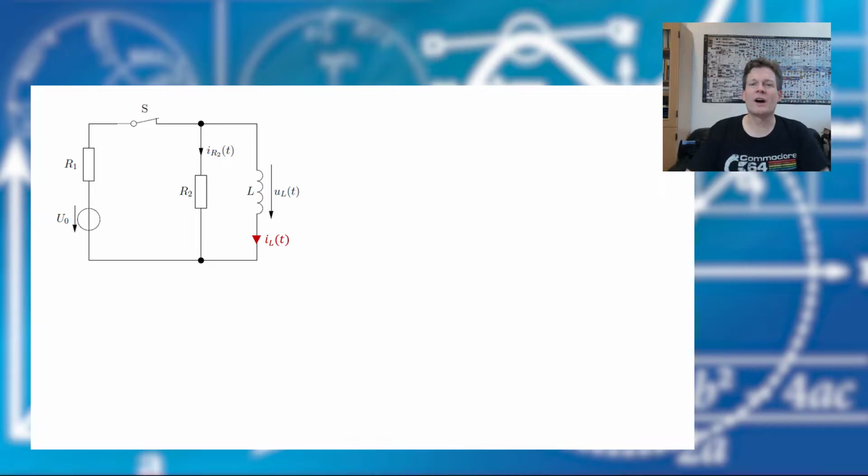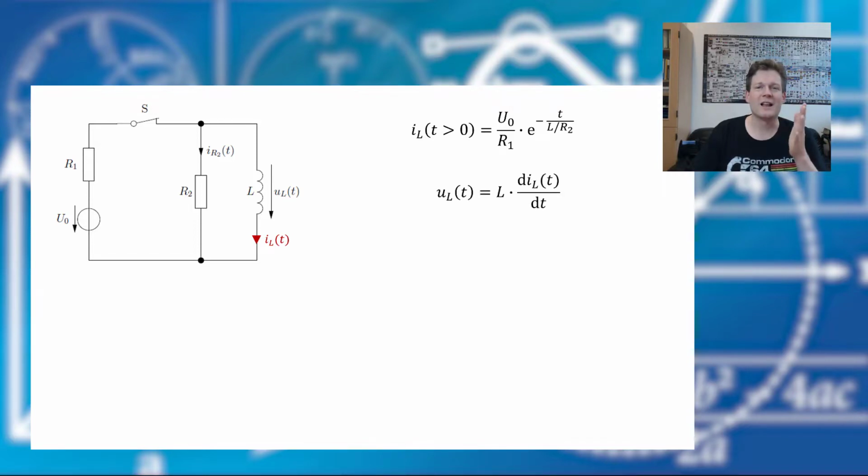Then we were asked for the voltage drop at the inductor. We know the current at the inductor, and the element equation says that the voltage is L times the time derivative of the current. Time derivative, we have an exponential function.